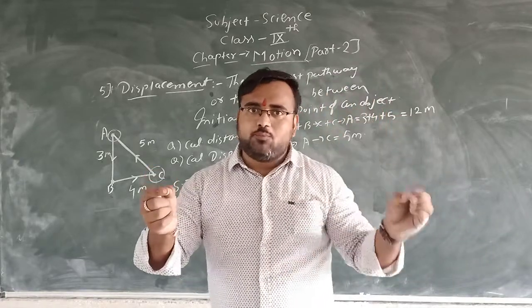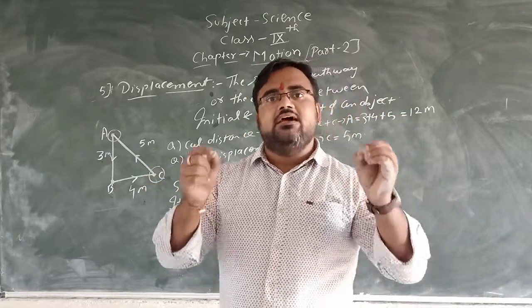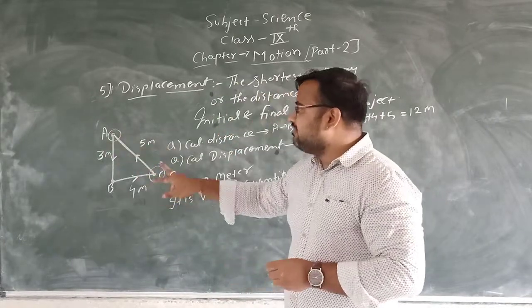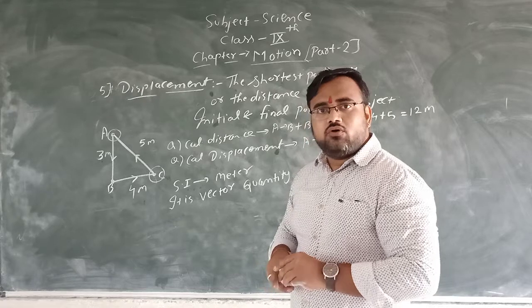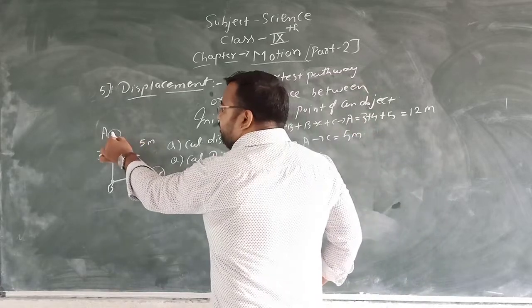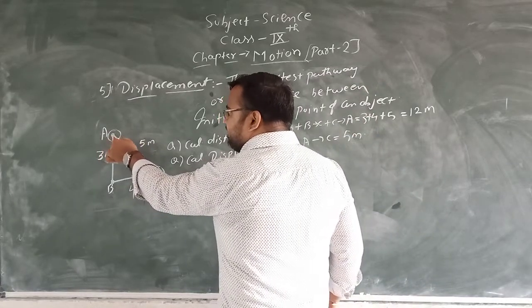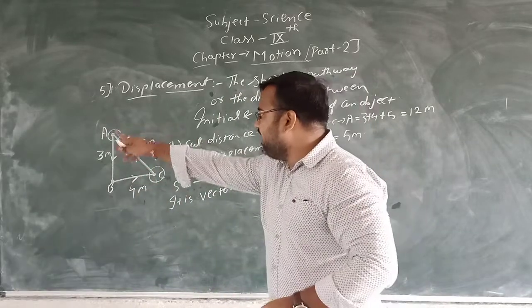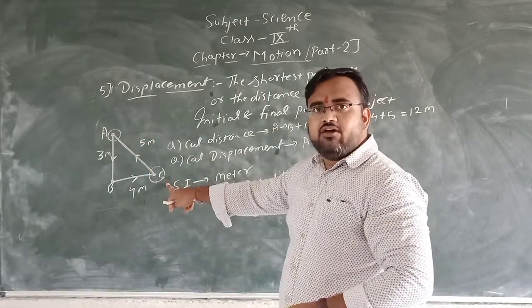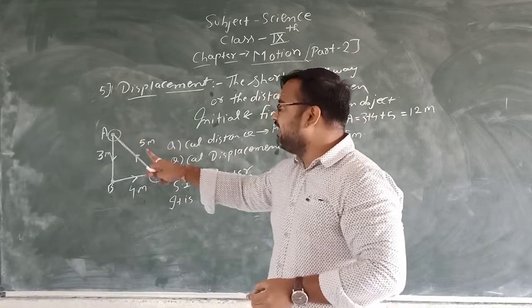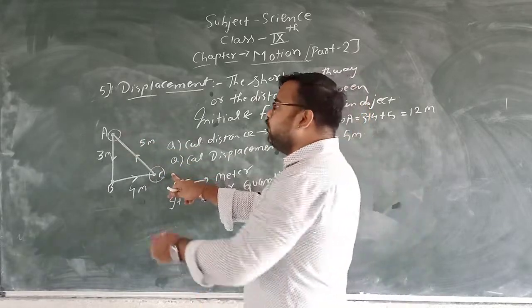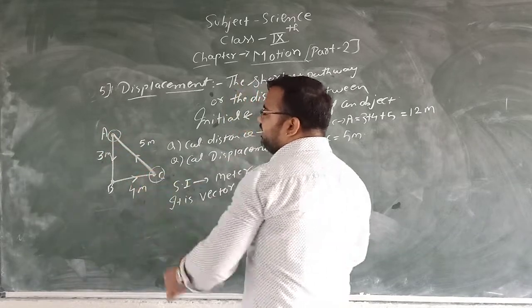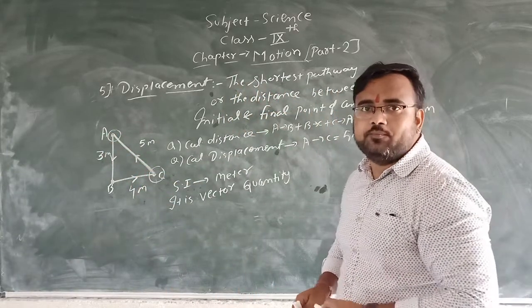So when the initial and final points are given, we have to follow the direction. For example, A is the initial point and C is the final point. The object should strictly follow this direction. If the object has to move from A to C, then it must strictly follow this pathway, and only then can it reach point C directly.